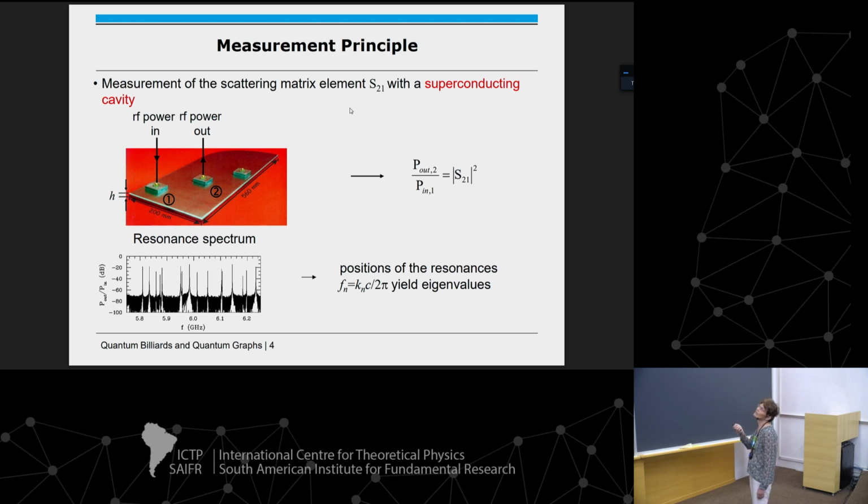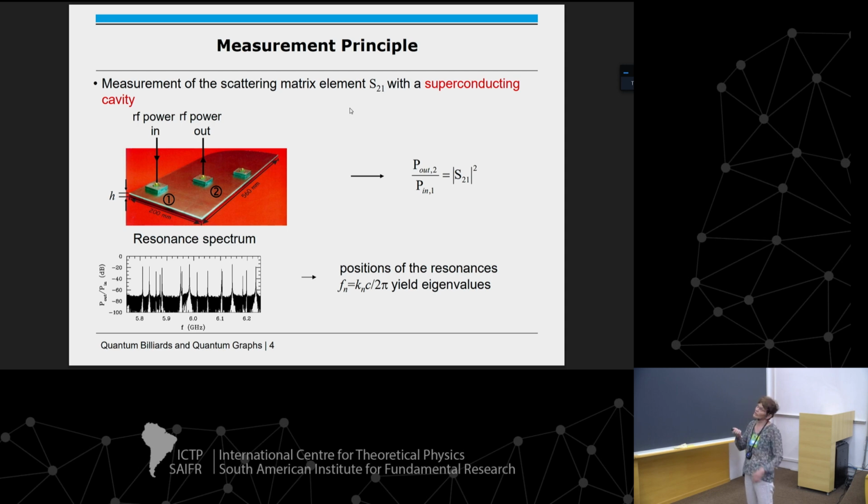Now, if you plot this quantity versus frequency, then in case you have a superconducting resonator, you get very well isolated resonances, these are all peaks. They are not overlapping because we have a very high quality factor in these superconducting ones. And the positions of these resonances yield the eigenvalues of the corresponding quantum billiard.